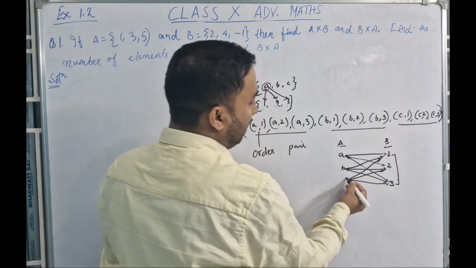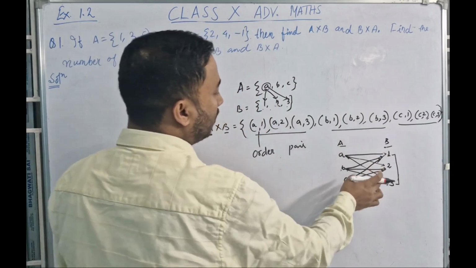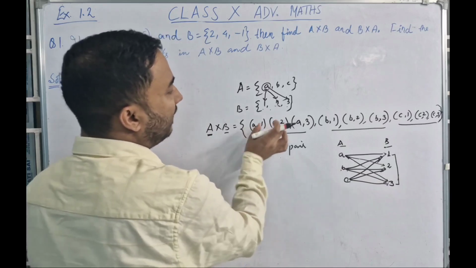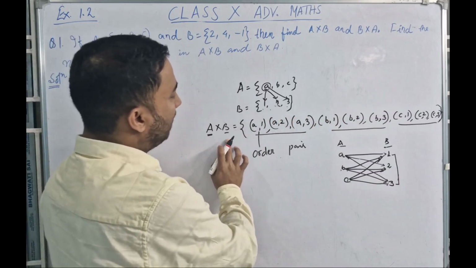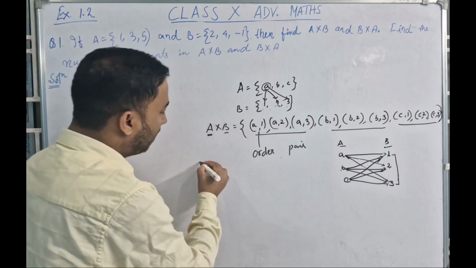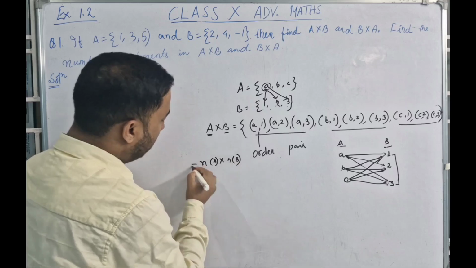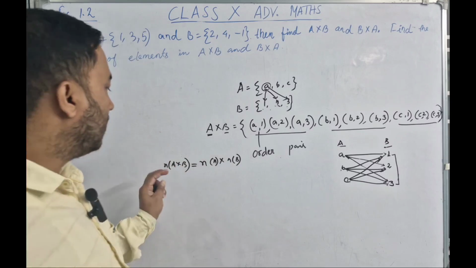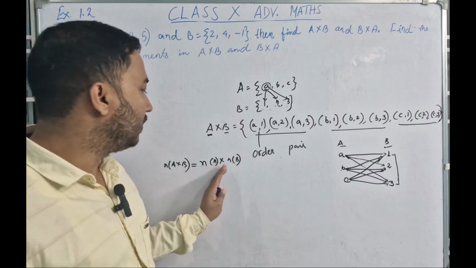So since A, B, C and 1, 2, 3 are the elements in the sets A and B, to tell how many ordered pairs will be there, that means how many elements will be there in the set A cross B, it depends on the number of elements in the set A and the number of elements in the set B, and it will be equal to the product of the number of elements in the set A and the number of elements in the set B. That will be equal to n(A cross B). n(A cross B) means how many elements will be there in the set A cross B. It is equal to n(A) into n(B).